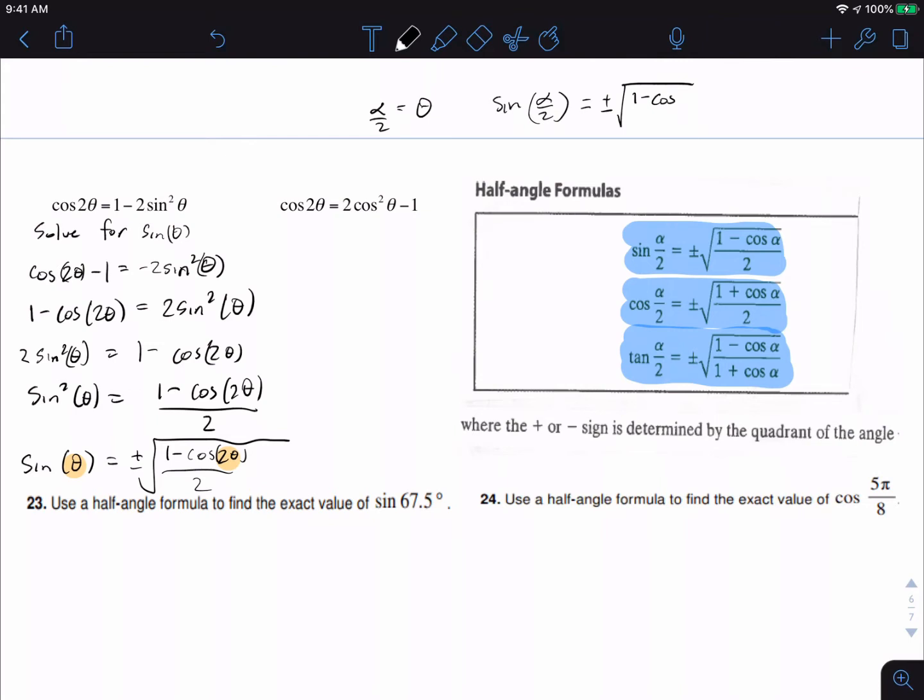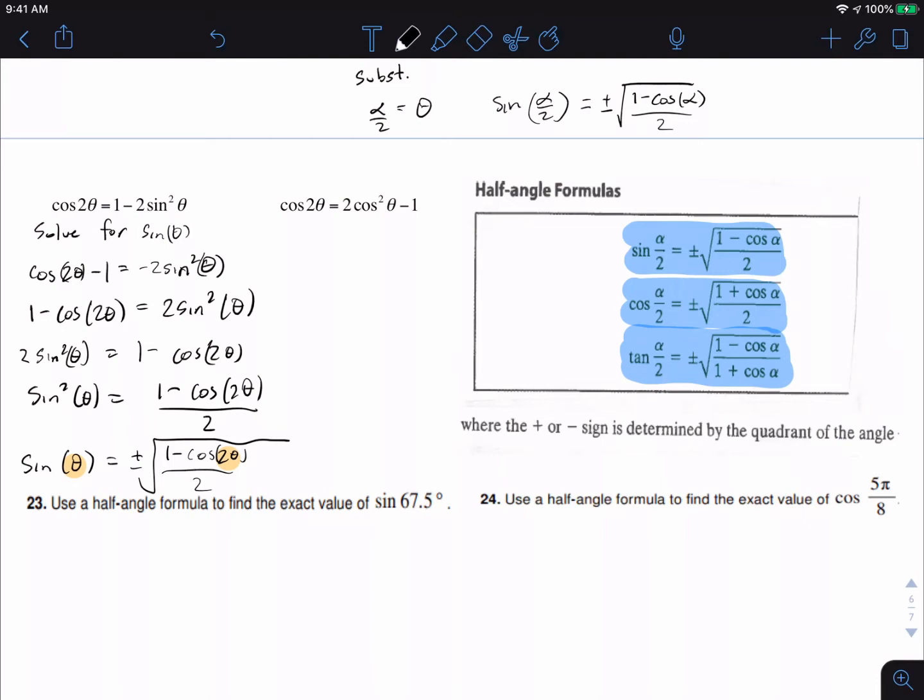Now, if I go alpha over 2 times 2, doesn't that just become alpha? And then over 2. And that's the only thing that they're doing here, a substitution of alpha over 2 for my theta.